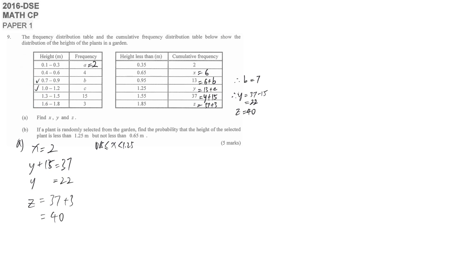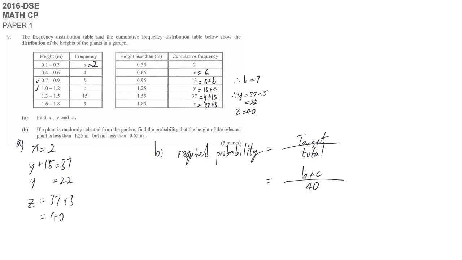The required probability is equal to our target divided by our total number. Our target is b plus c, and our total is 40. We already know b is 7 based on the calculation in the very beginning. And then we also need to find c.